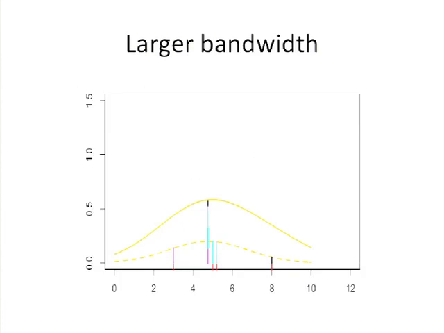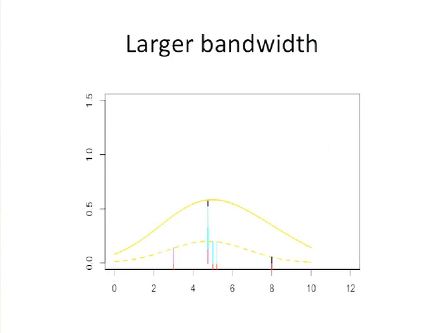Here it is for a broad flat kernel. Same data, haven't changed it. My 4 little observations. But notice my kernel is much flatter and more spread out. And so the contribution to the estimate for the density at 4.75 is nearly the same.